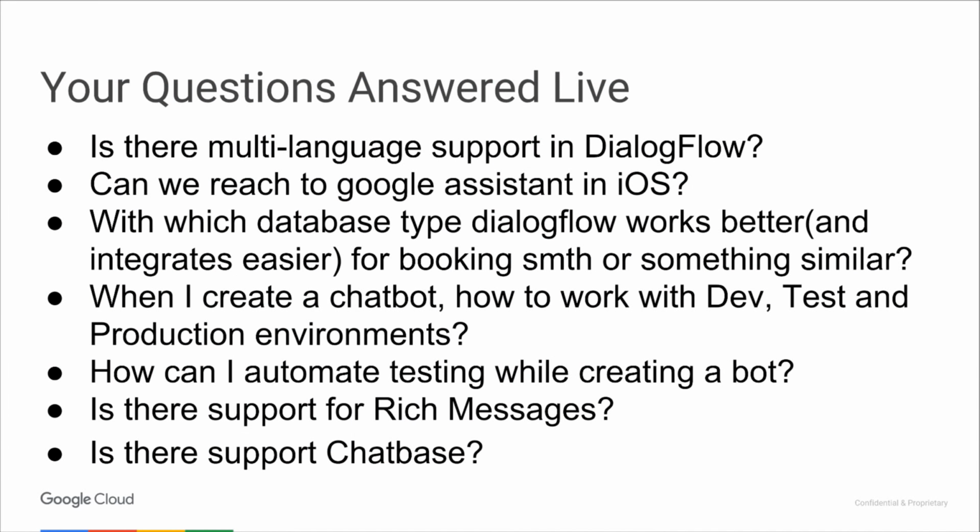When I create a chatbot, how does it work with development, test, and production? That's a good question. What I've seen people doing is they create separate agents. They create an agent for dev, an agent for test, and an agent for production. They use the dev agent to play around with and create the features.